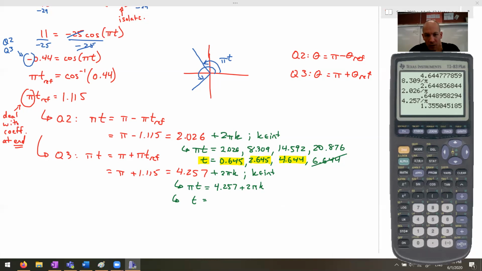So that's 1.355, and instead of 2 pi k, it's just going to be plus 2k, where k, of course, belongs to the integers. So just a little record here, all I did was divide everything by pi.